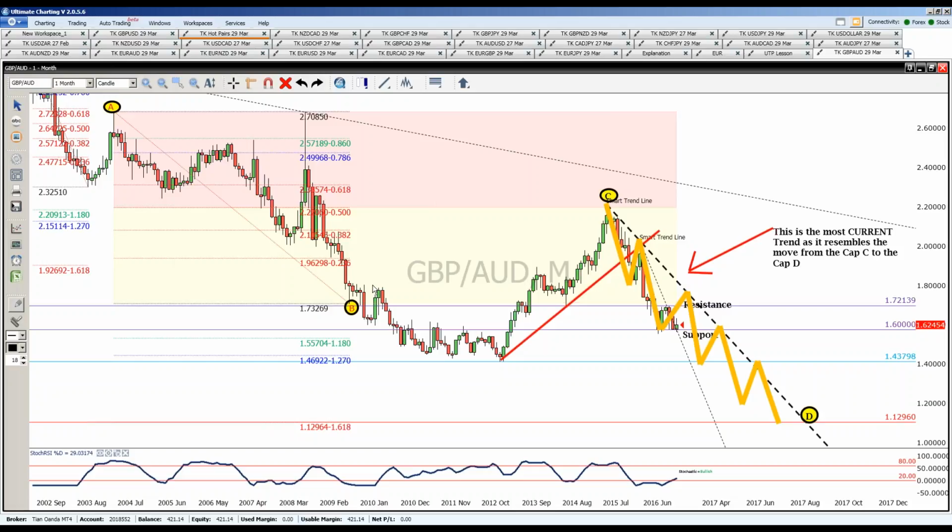Right. So the move from the C to the D resembles the most current trend.